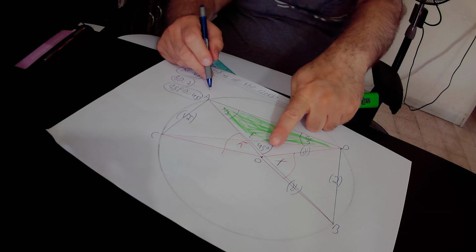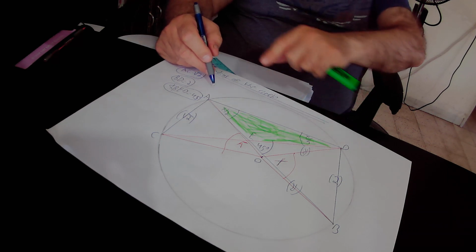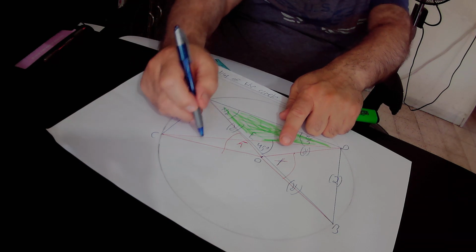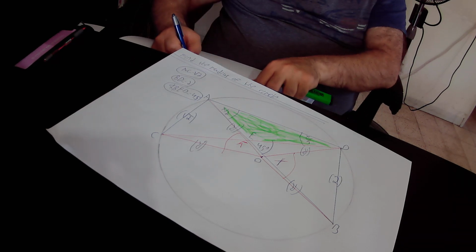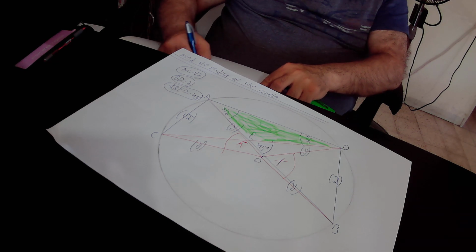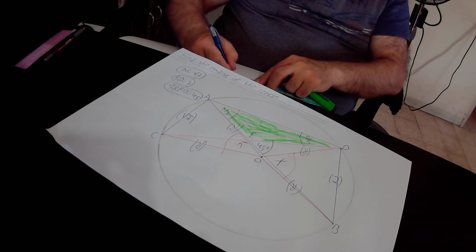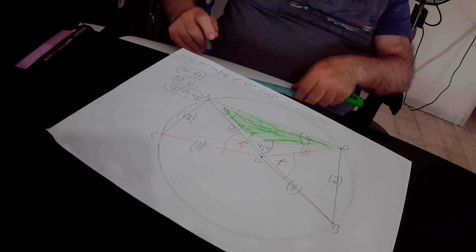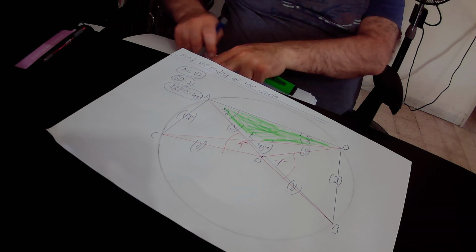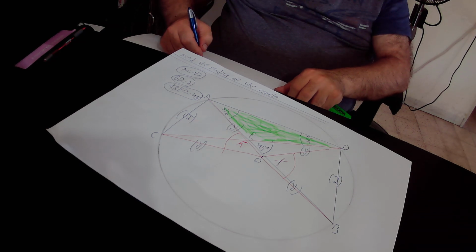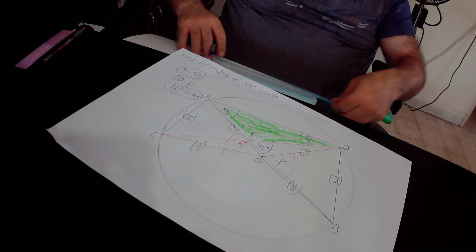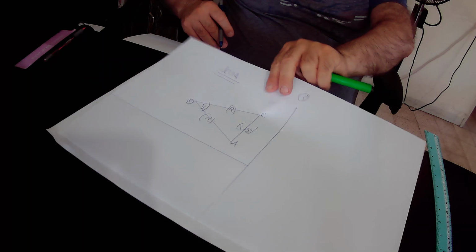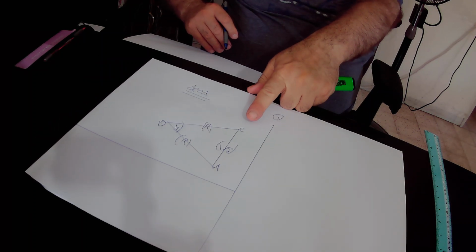Side AO is also the radius of this circle, that equals R. Likewise, side OC is also the radius of this circle that equals R. So actually, this is triangle COA that I copied from the original drawing.